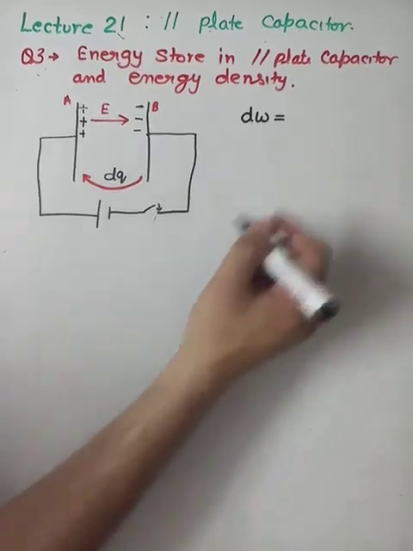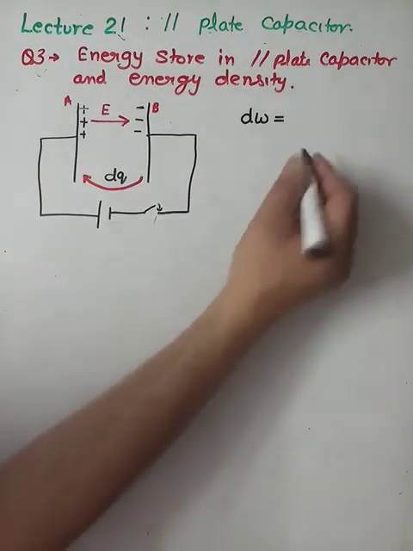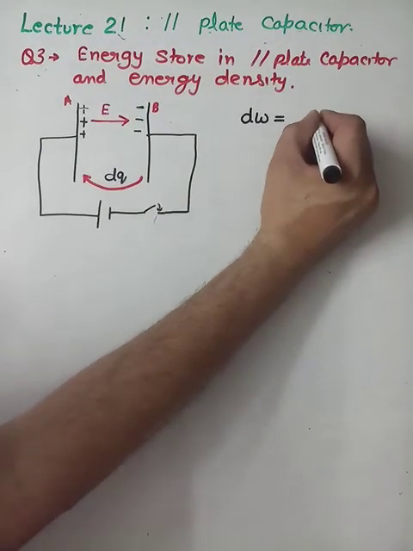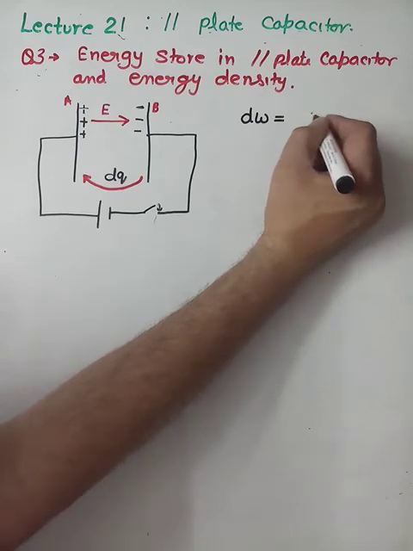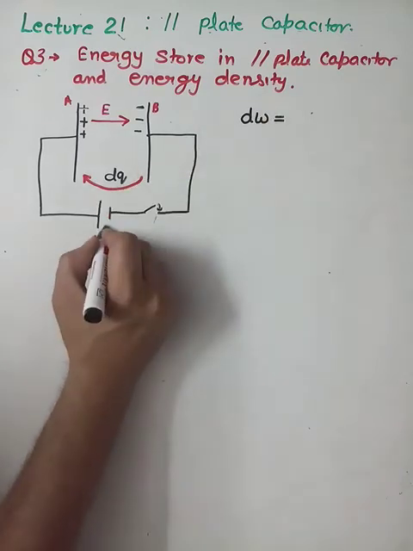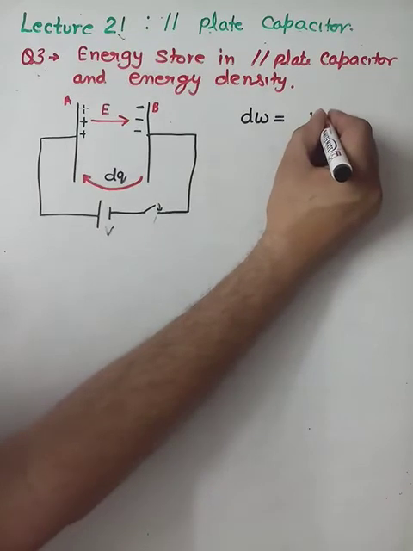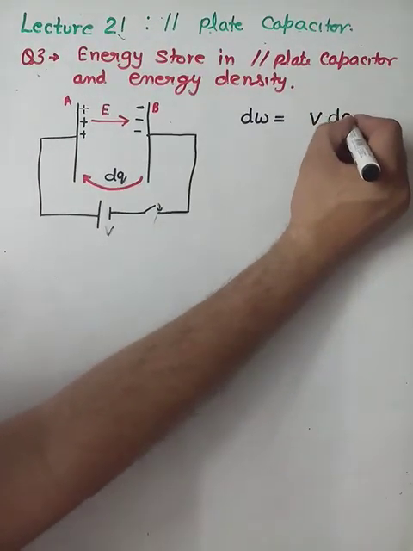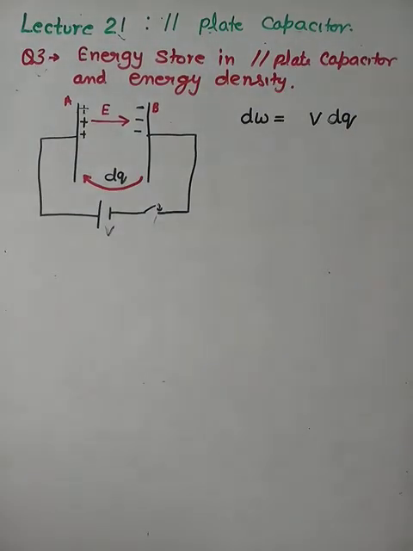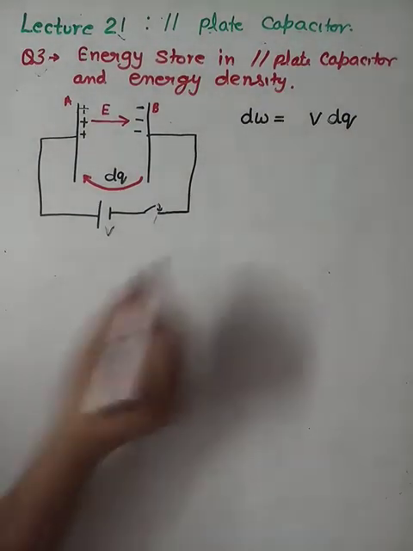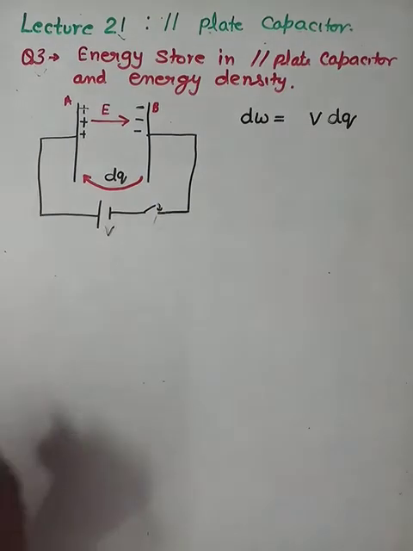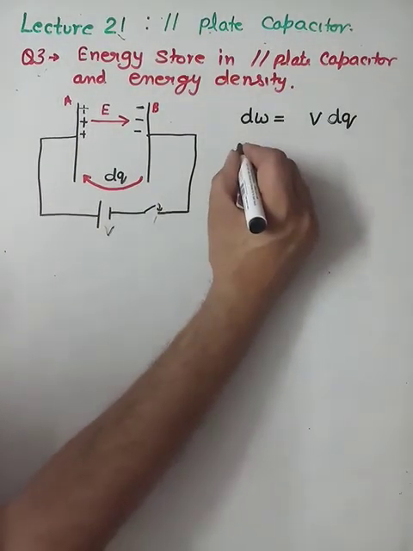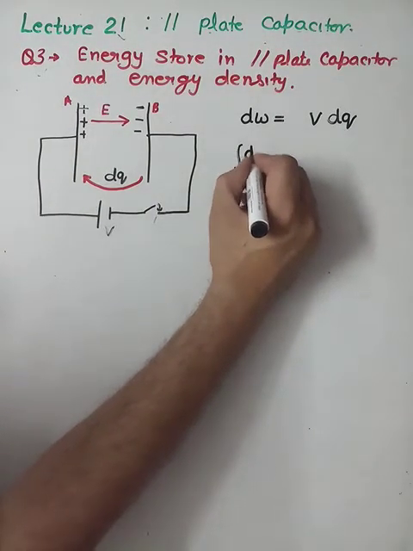Work done is equal to charge into potential difference: q into V, where V is the potential difference between the plates. So V dq is the work done. This is basically the formula of potential energy. For total work done, we integrate both sides.